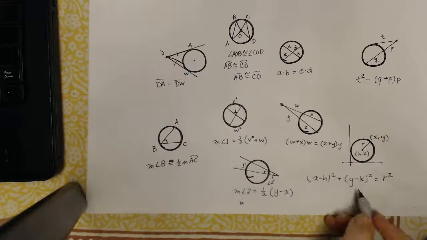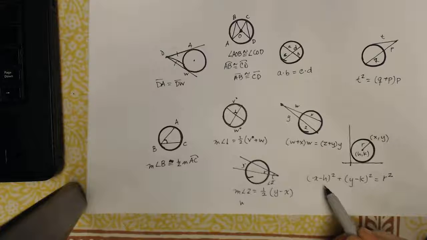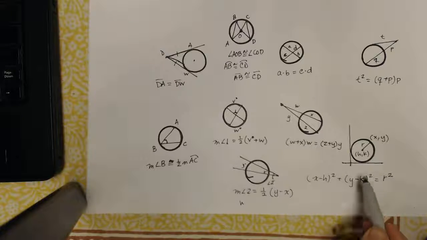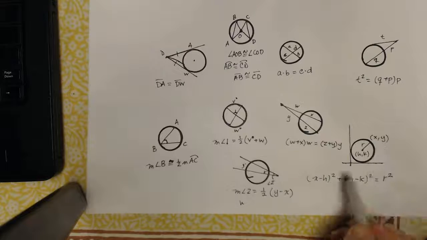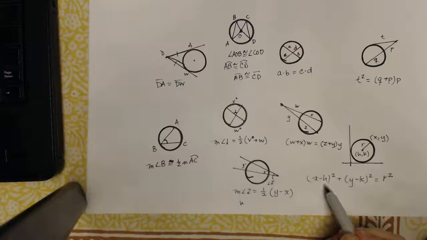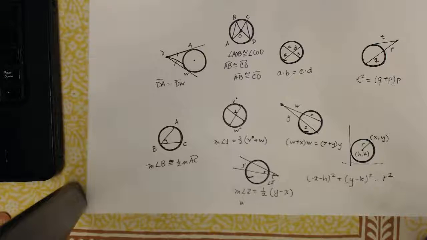This allows us, if we're given the center point and a point along the circle, or the radius, to solve and write the standard equation for that circle.